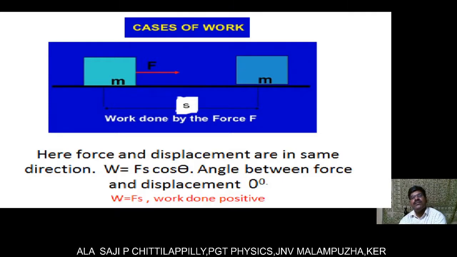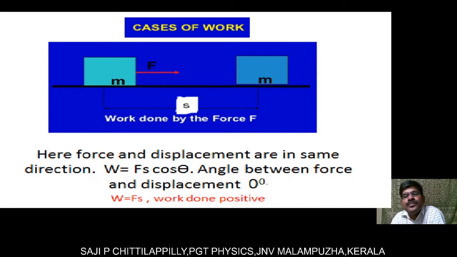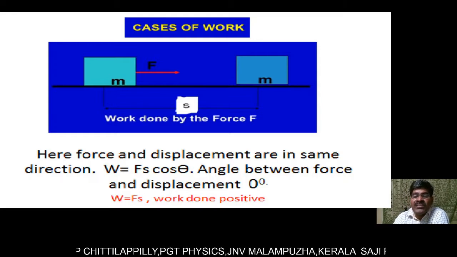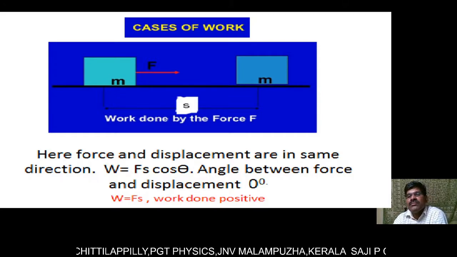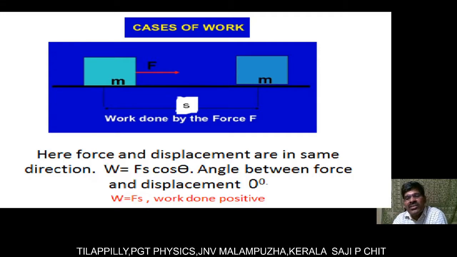Now, just again think, see this picture here. A body is applied by a force F, and the body has got a displacement S. What about the work done? Here, the force and displacement are in the same direction.